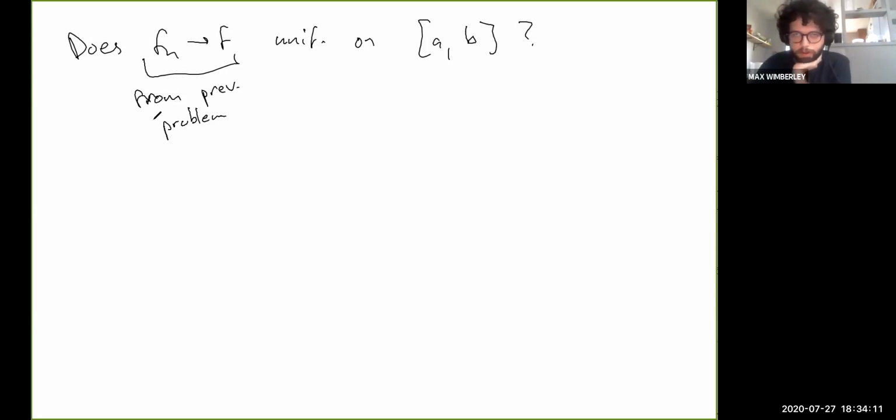Does it converge uniformly or no? In fact, let's make this a little bit simpler to think about. Just [-R, R].